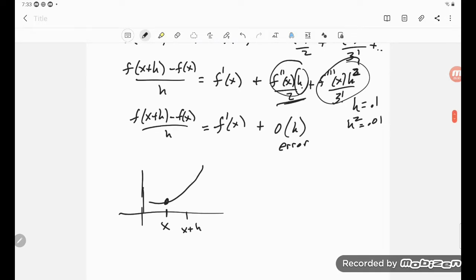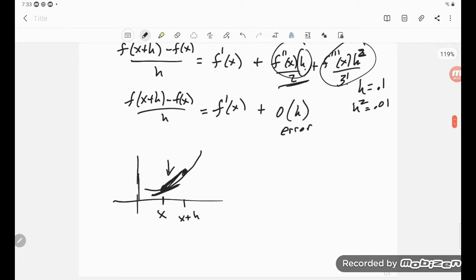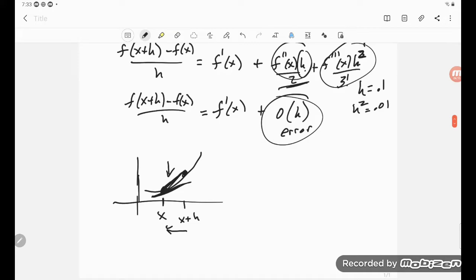So there's our f of x, there's our f of x plus h, and what we're saying is the slope here is pretty close to the slope there that is the actual slope. Okay, it's going to be off by a little bit, on order of h. And so as we move this in closer, we can reduce our error by reducing h. Okay, but there's an approximation for the first derivative.